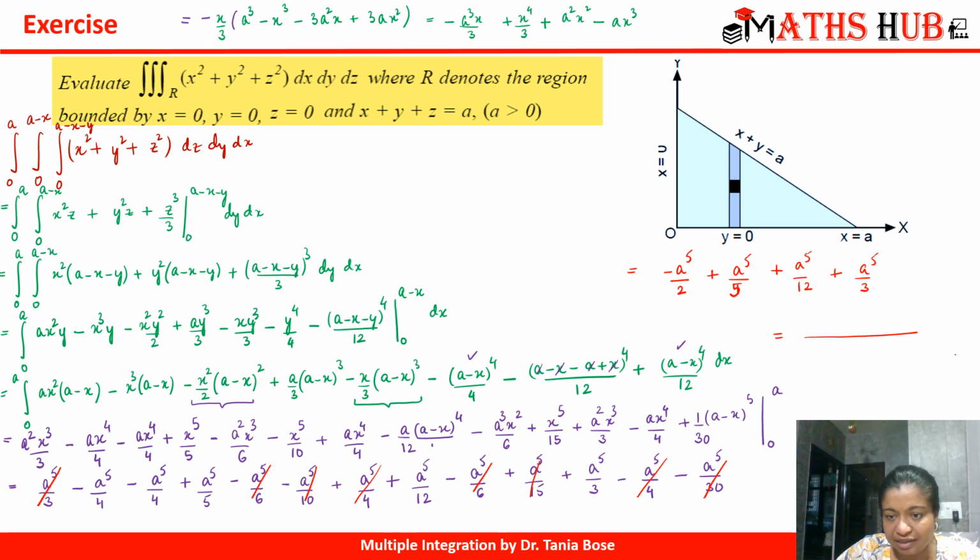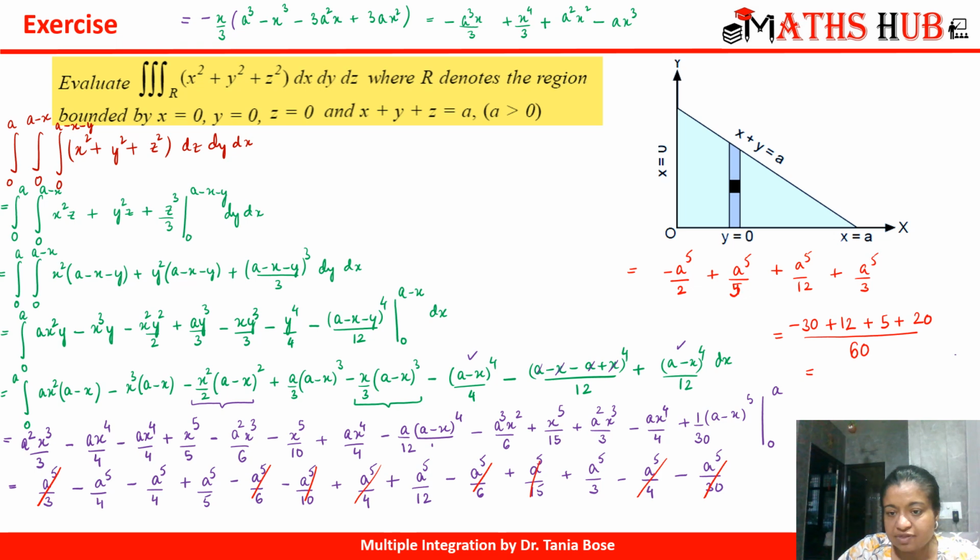Okay, so let me take the LCM as 60. So this is minus 30. Then we have 12. Then we have 5 over here. And then we have here 20.